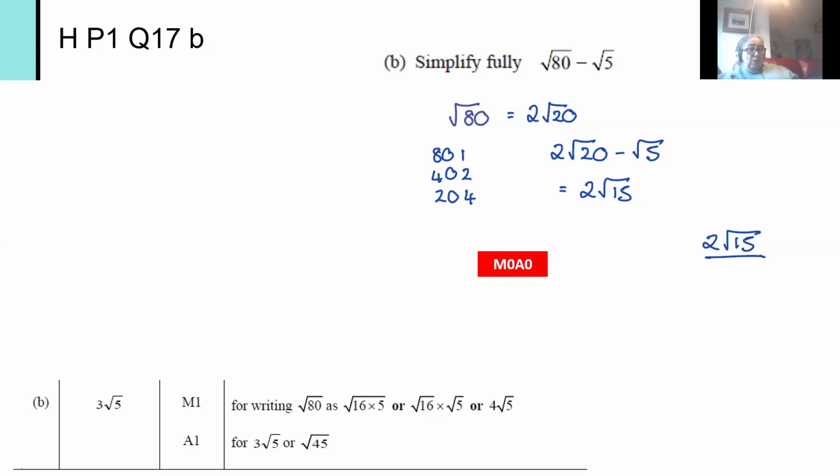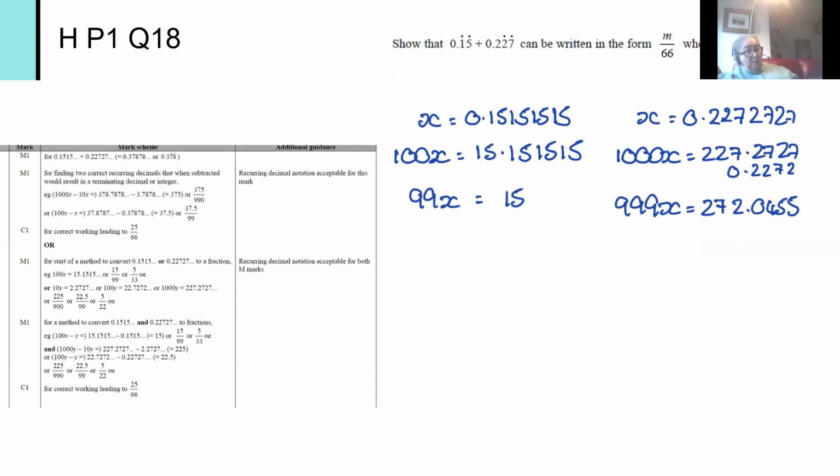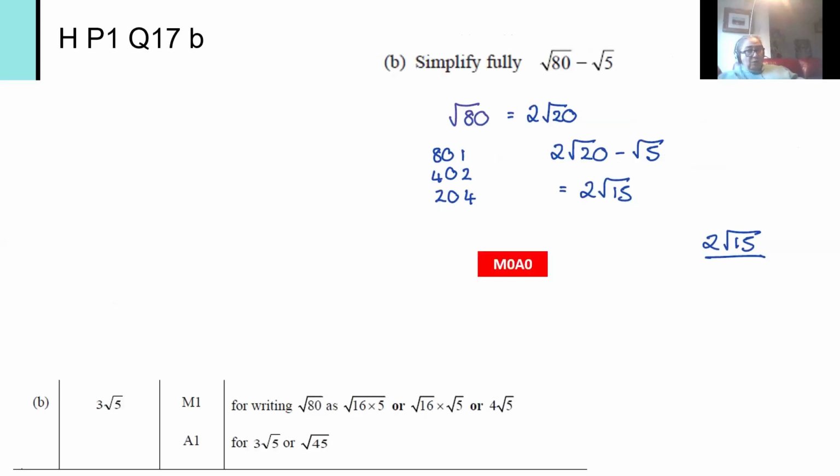The mark was only awarded for 16 times 5, root 16 times root of 5, or 4 root 5. So not any other combination. And then obviously the final mark was wrong, so they got that wrong.